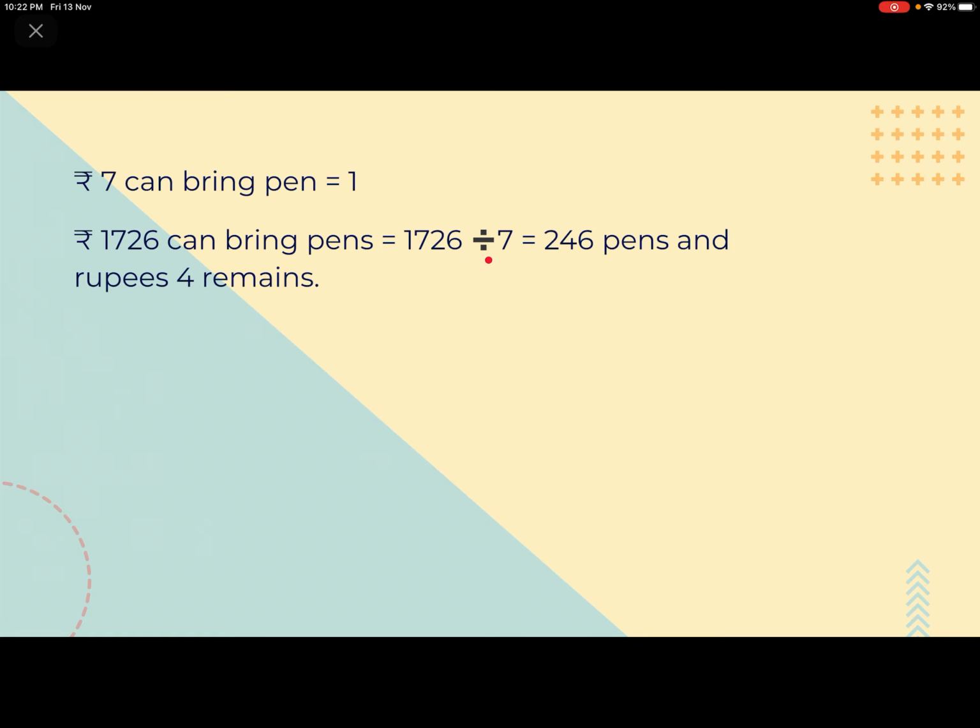So when I divide, I will find the number of pens which I can get. 246 pens. Children, when I divide, I will get a remainder as well. So that many rupees still remain in my pocket. So 246 pens I can purchase and 4 rupees will still remain with me. Children, do remember when we have to find the number, we divide.